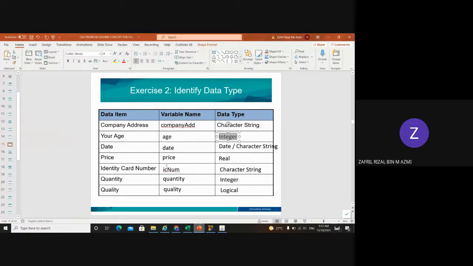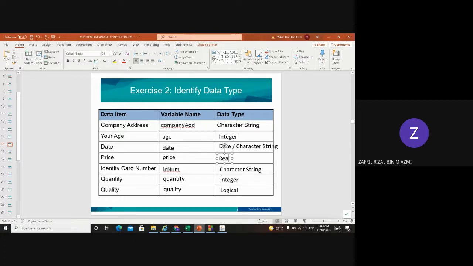Okay, price, fixed price, real. Most of the time we use price for calculation, unless it doesn't involve any calculation, but that is rare.